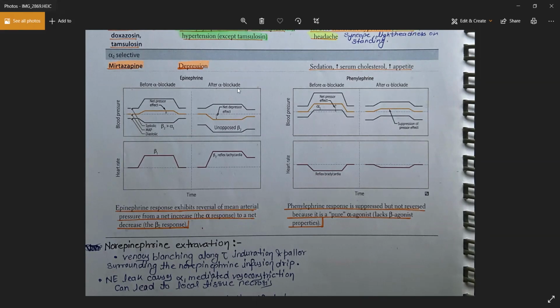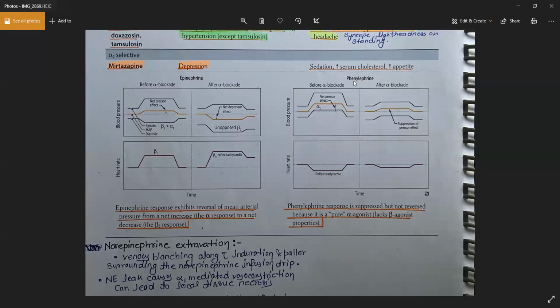Because of unopposed beta 2, you will get a massive vasodilation, and because of the massive vasodilation and the beta 1 effect, you will get a reflex tachycardia along with direct stimulation of beta 1. So you will get an increased heart rate, an increase in cardiac output, and vasodilation. Because of all these things, you will get a slight increase in the systolic blood pressure, a massive drop in the diastolic blood pressure, and a drop in the mean arterial pressure, a net depressor effect after the alpha blockade.